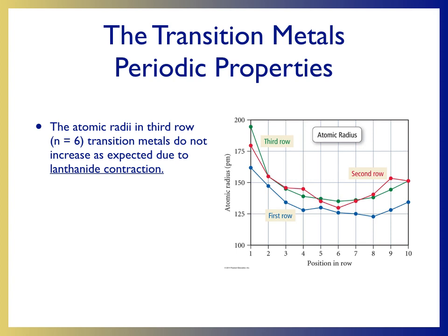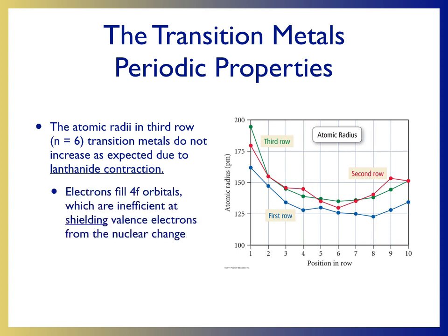This occurs because when we start to enter the sixth row, we start to put electrons in the 4f orbitals. Like 3d orbitals, 4f orbitals are very inefficient at shielding the outermost electrons from the charge of the nucleus. This means that as you go from the second row to the third row, the charge on the nucleus is staying about the same instead of decreasing its effect due to the addition of more electrons.